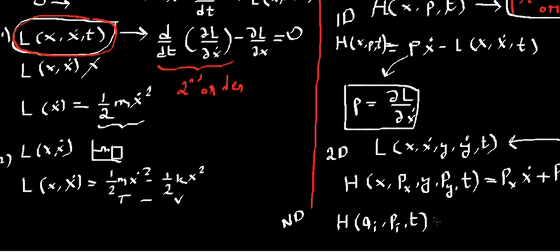So the general expression is equal to, then there will be summation over i. So if i is 1 to 2, like in 2D, you get only 2 terms. If i is 1 to n, then you will get many terms. So we write p_i, and we use the generalized coordinate q_i, but there will be q_i dot minus the Lagrangian. And remember, Lagrangian will be a function of q_i, because i goes from 1 to n, q_i dot and t.